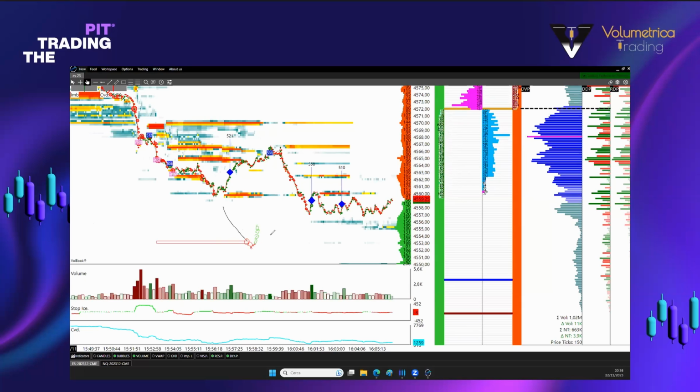Can this situation still be considered as an absorption? Of course it can, because we always have to consider the areas of liquidity provision as areas, not as a straight line.